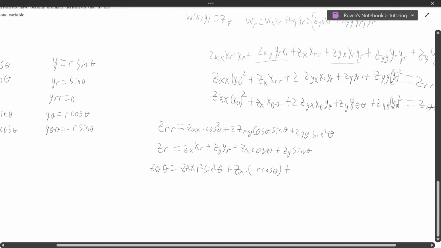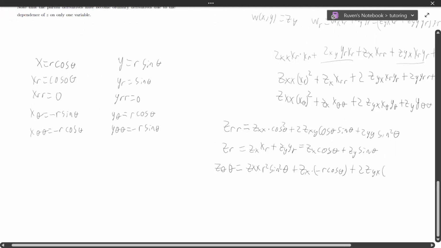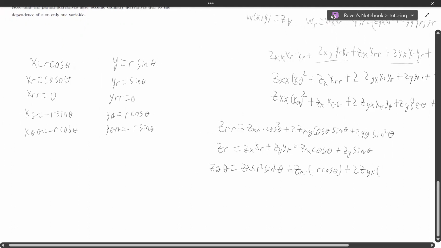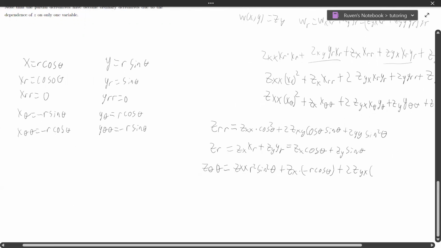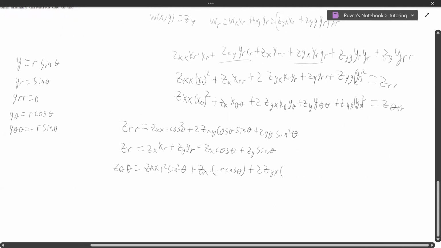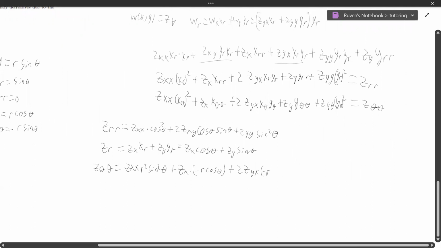Next, we're going to have plus 2 zyx times x theta y theta. So x theta y theta is going to be negative r squared cosine theta sine theta.